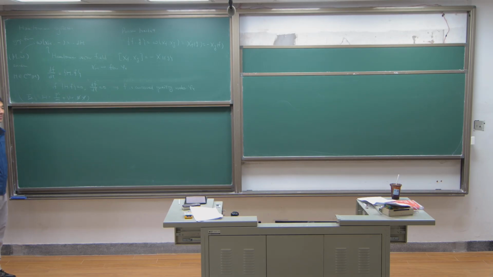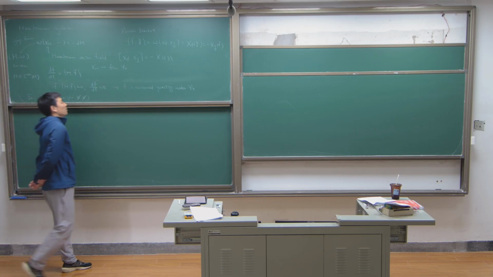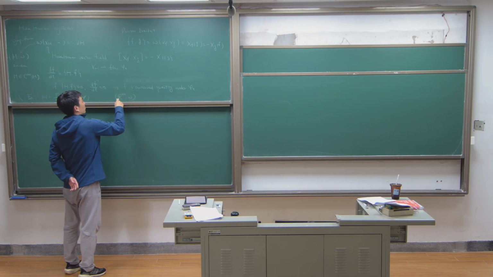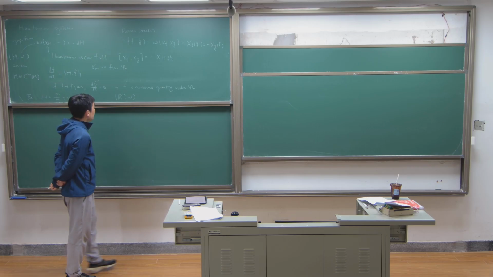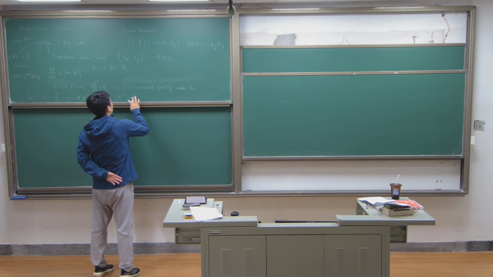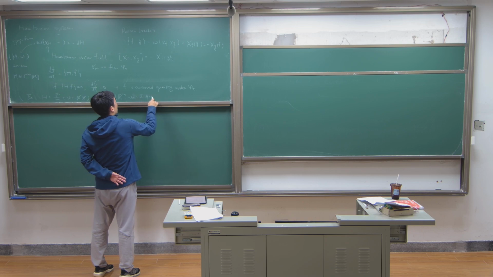Momentum. Oh, good. Momentum. So if H can be something like that, on R^2n with omega, where omega is the standard symplectic form, namely dp wedge dq.